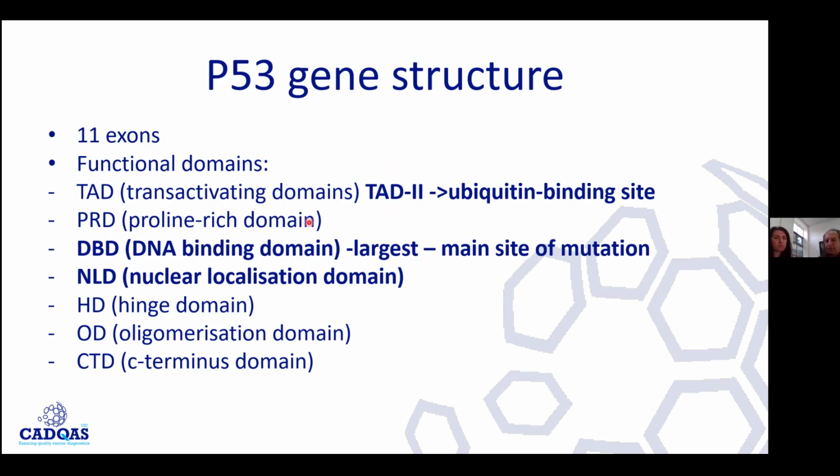One of the characteristics of mutant P53 is that the cell loses its ability to degrade it because the ubiquitin binding site is not functioning very well. So obviously, mutations in this or any site that would induce a conformational change that would obscure this transactivating domain would lead to accumulation.